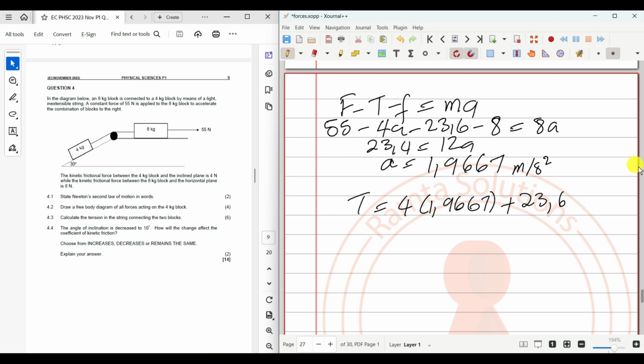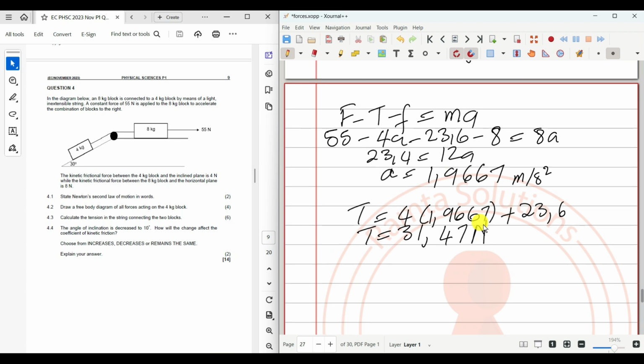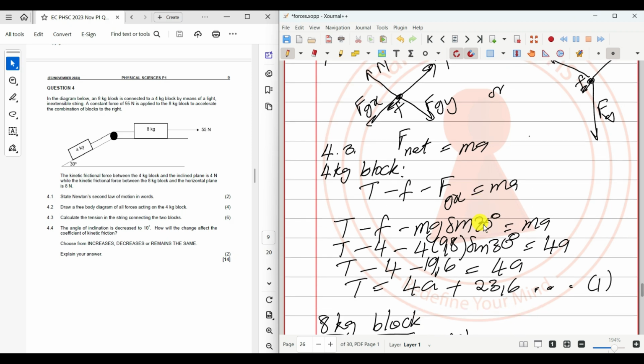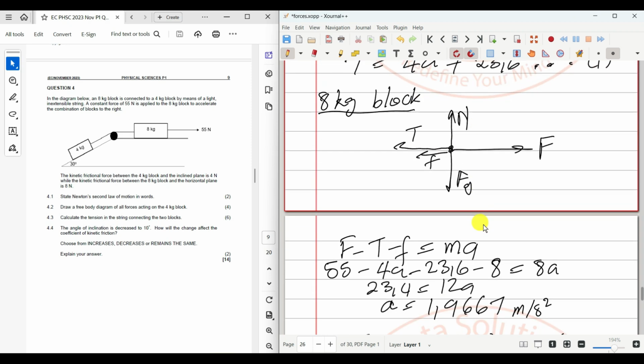What is our answer? Tension is 31.47 newtons. Happy? 31.47 newtons. Perfect. So, yeah, we are good now. We are good. So, proceeding.